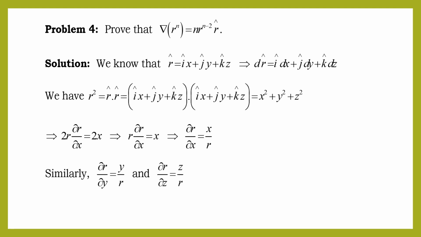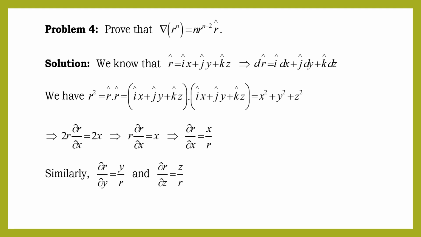Now, take r² equals x² + y² + z². If we differentiate partially with respect to x on both sides, we get 2r ∂r/∂x equals 2x. If we cancel 2 on both sides, r ∂r/∂x equals x. From this, ∂r/∂x equals x/r.